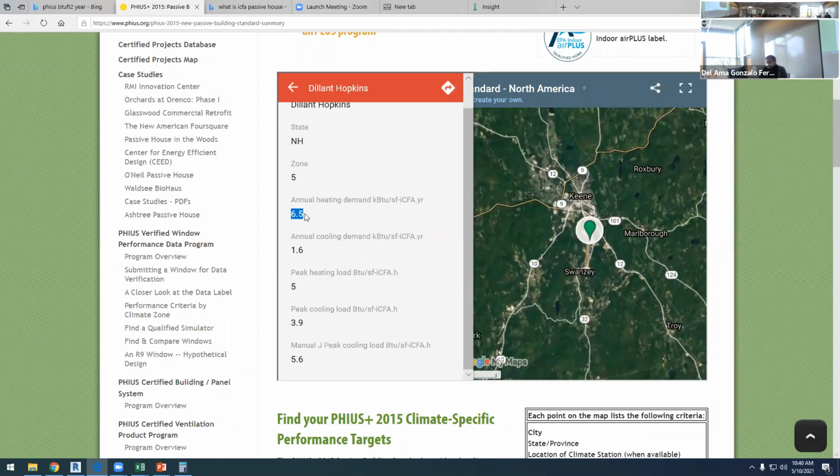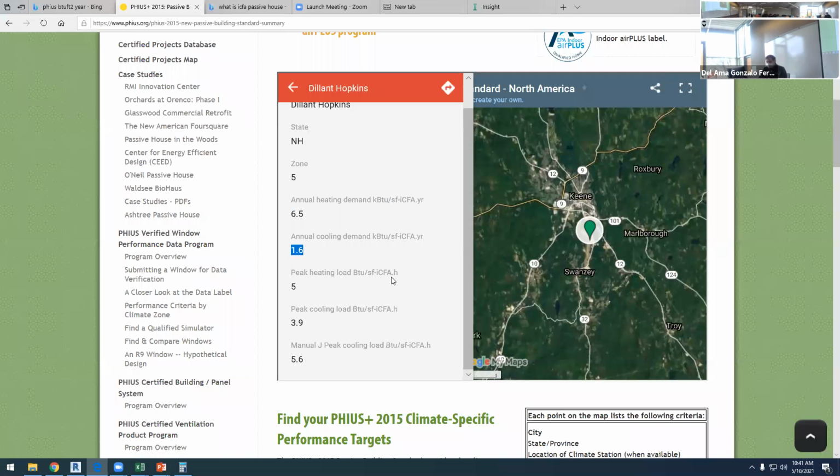The heating demand. This is the requirements. So we have to lower the heating demand below 6.5 kBTUs per square feet per year. The cooling demand has to be below 1.6.